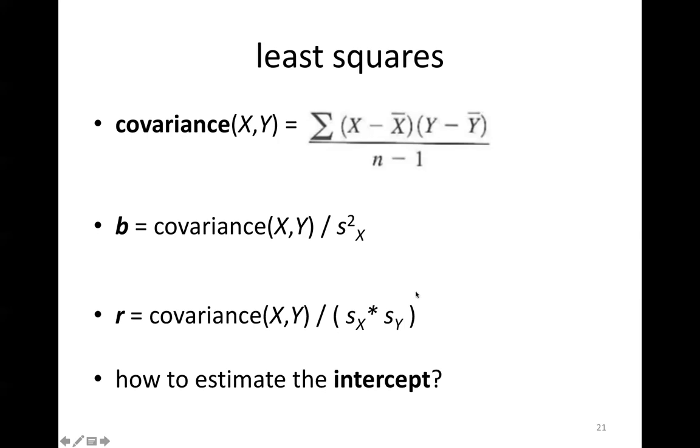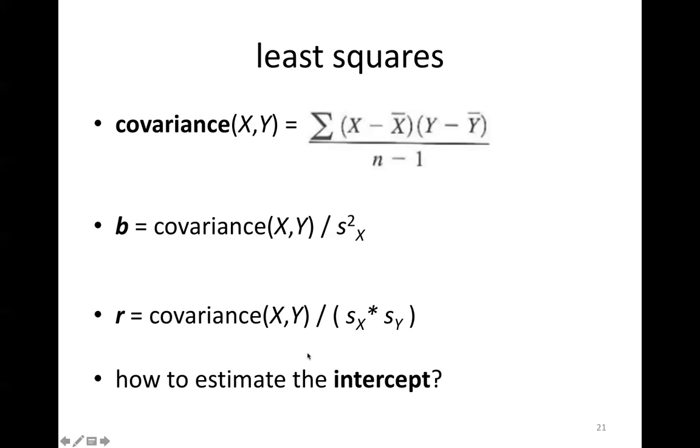Okay, so the slope estimate is the covariance divided by variance, and the correlation coefficient is the covariance divided by the product of two standard deviations. They're both the same.